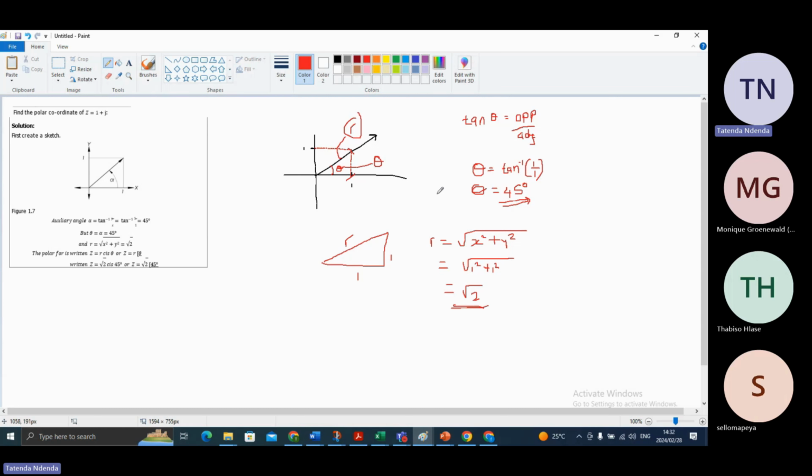So your answer in polar form will be z equals root of 2 cis 45 degrees, or you can say z is equivalent to root 2 cis 45 degrees, like this.